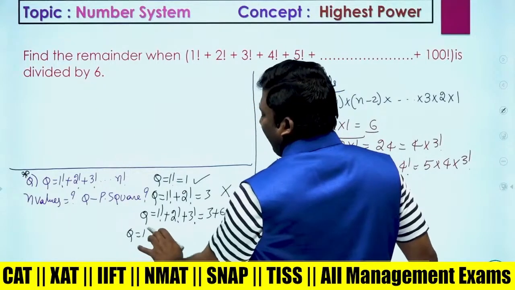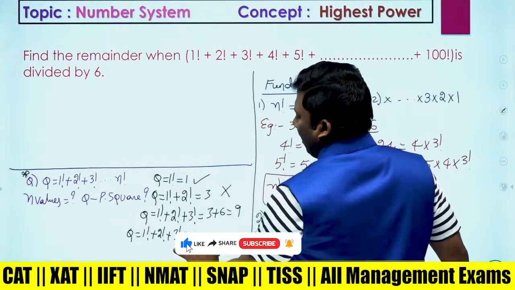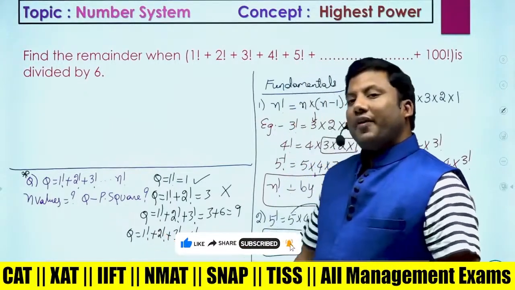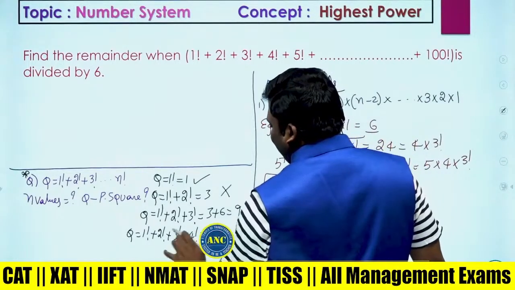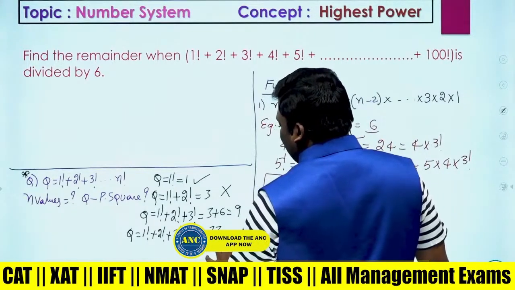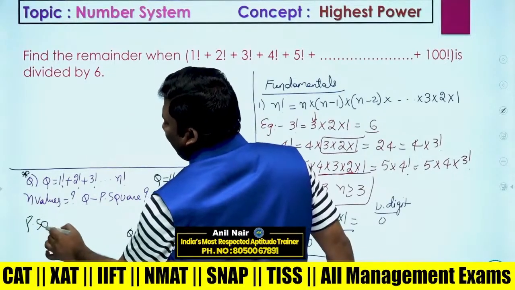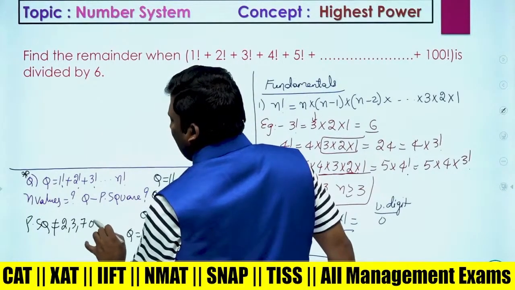Next, 1 factorial plus 2 factorial plus 3 factorial plus 4 factorial. 1 factorial is 1, 2 factorial 2, 3 factorial 6, 4 factorial 24. 9 plus 24, 33. A perfect square never ends with 2, 3, 7 or 8.